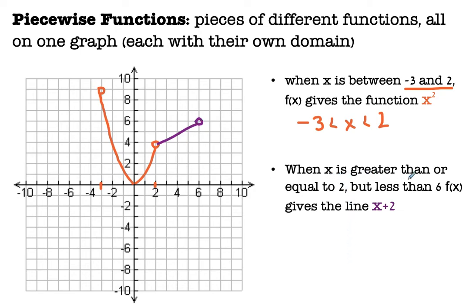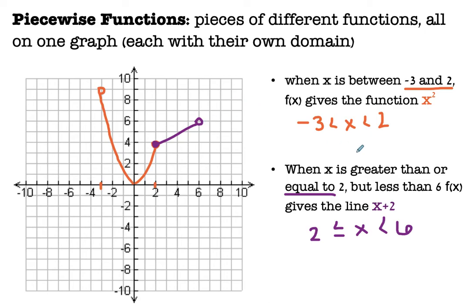However, this says x is greater than or equal to 2, so I need a closed dot at 2 because it's defined there. So if I were to write the domain of just this function, my x values go from 2 to 6. So I start at 2, and remember that is defined there because it says or equal to, but less than 6. Not defined there, so it's just a less than symbol and an open circle.